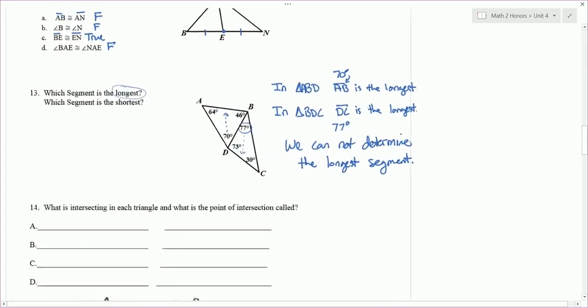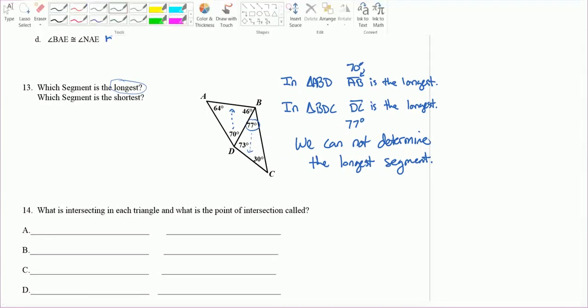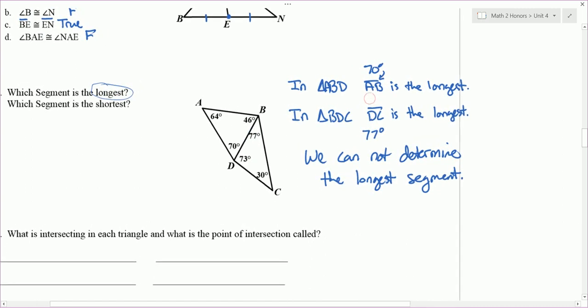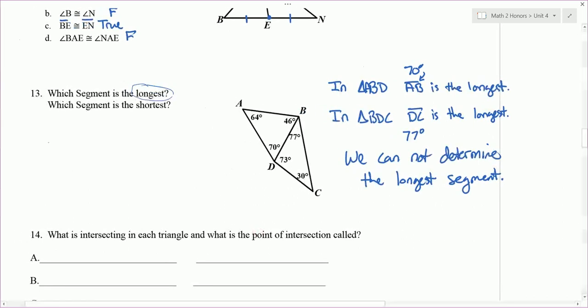Okay, now let's go after which segment is the shortest and see if we can actually answer that one. So, in a similar way, in triangle ABD, the smallest angle is 46 degrees, and so the shortest side is across from the smallest angle. So AD is the shortest length.